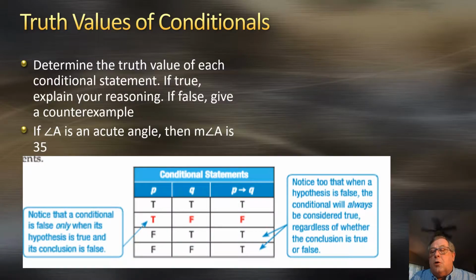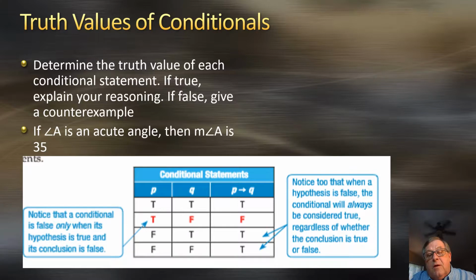As we are analyzing the truth values of conditional statements, a conditional statement is in the form of if-then, where we've got if, a hypothesis, and then a conclusion. In analyzing the truth value of a conditional, we can sometimes run into some rather bizarre situations and things that would not appear to make a whole lot of sense.